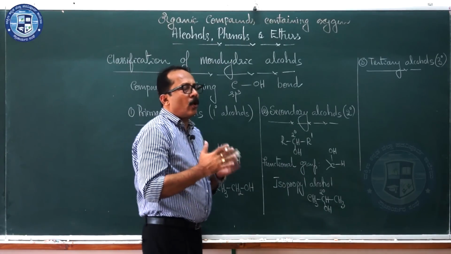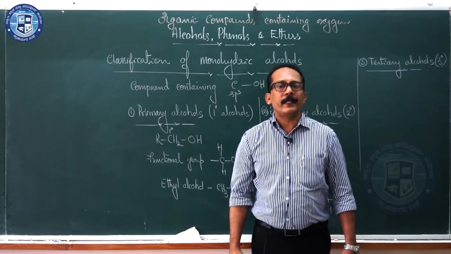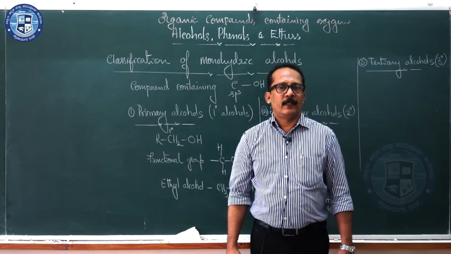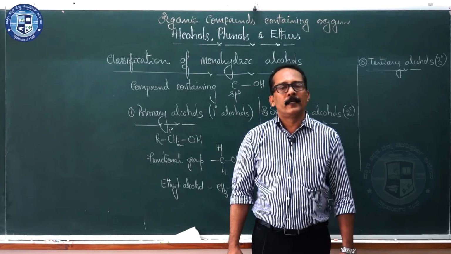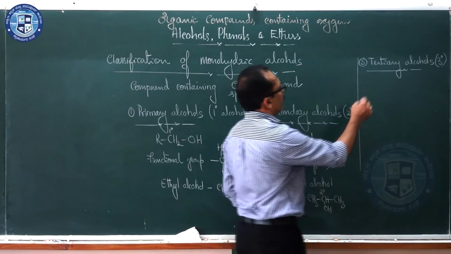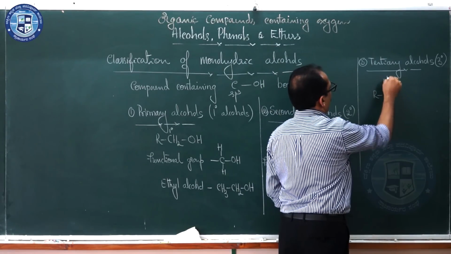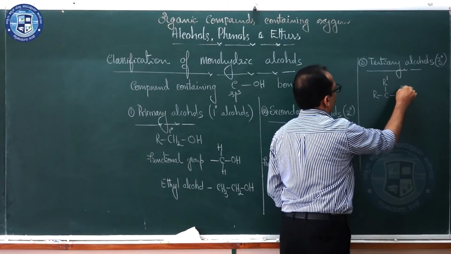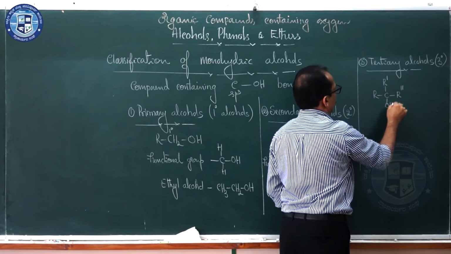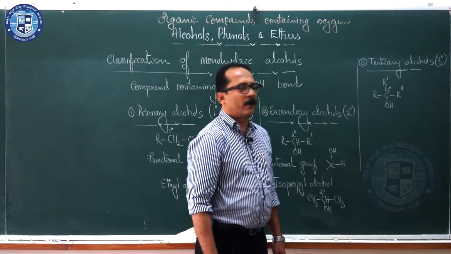These are the alcohols in which the OH group is attached to a tertiary carbon atom. Such alcohols are called tertiary alcohols. The general formula for tertiary alcohols is C with R', R'' and OH. The OH group is attached to a tertiary carbon atom.